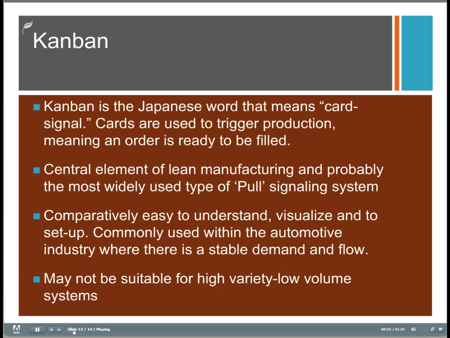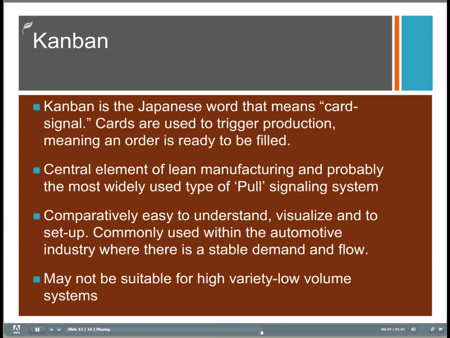So let's look at an example of a pull system. KanBan is one of the earlier versions of a pull system. It's a Japanese method. The word KanBan means card signal. In other words, when an order is placed, a card is generated that says it's time to begin filling an order. And so an order only gets started when there's a card generated, and the only time that you do anything is if there's a card asking you to do it.